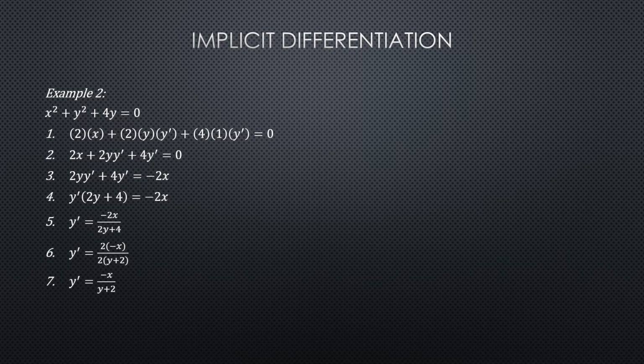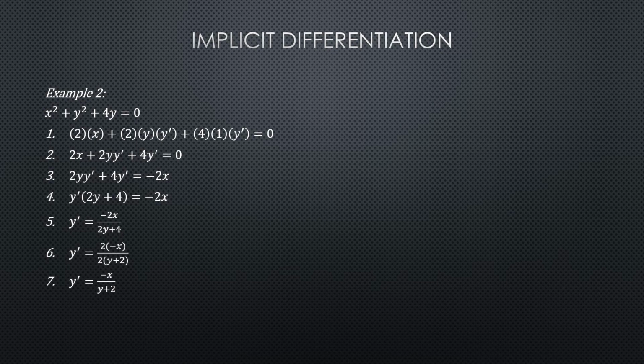And in the next section, the 4y, we've got 4 times 1 times the y prime. The 1 came from the y raised to the 0 power. And that's the calculus part, the implicit differentiation of the original function of example 2.